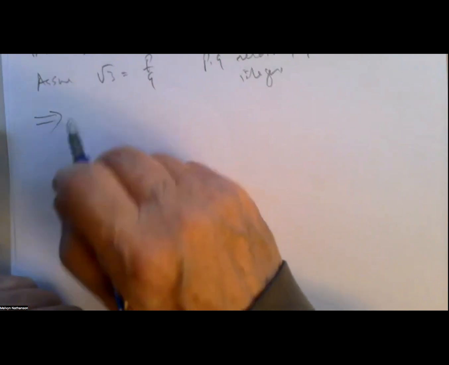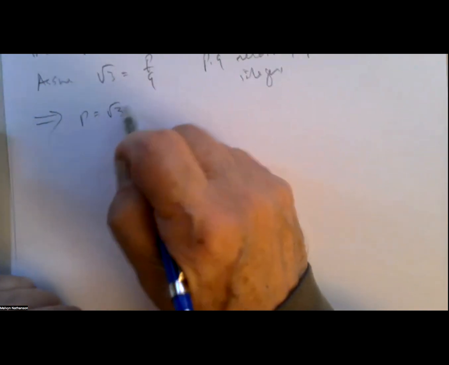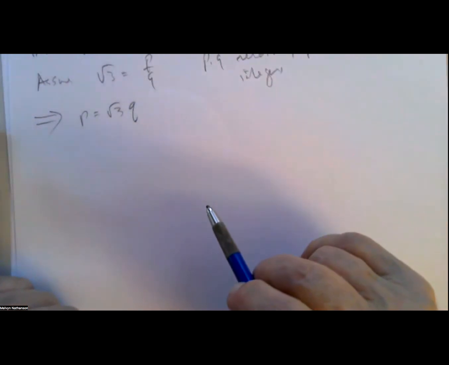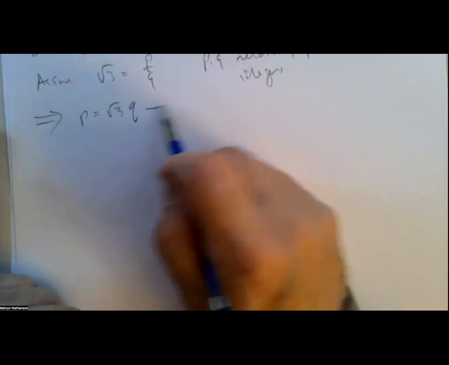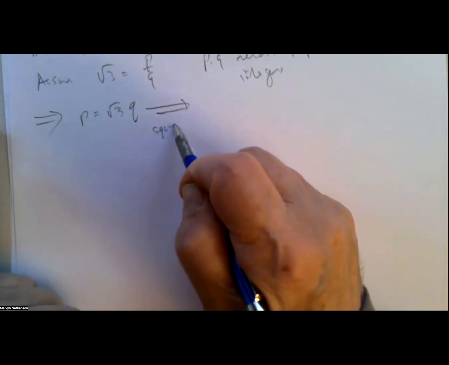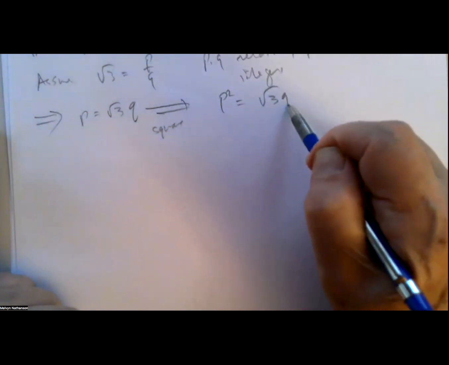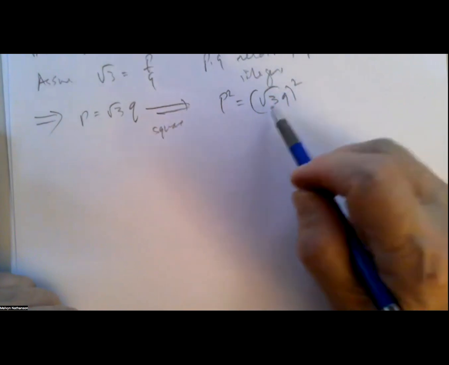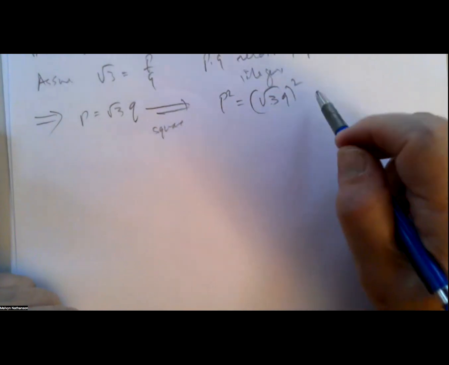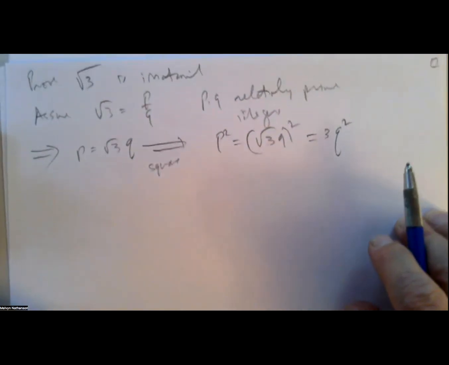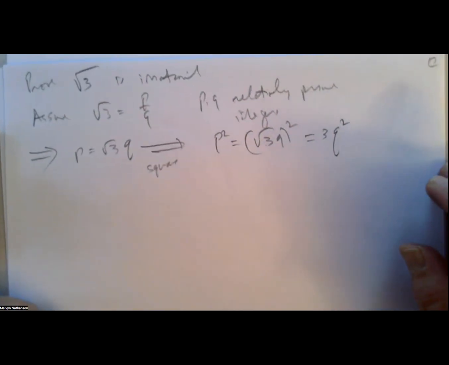If you multiply by q, you get p is the square root of 3 times q. If you square both sides, you get p squared is the square root of 3 times q squared. When you square the square root of 3, you get 3 times q squared.